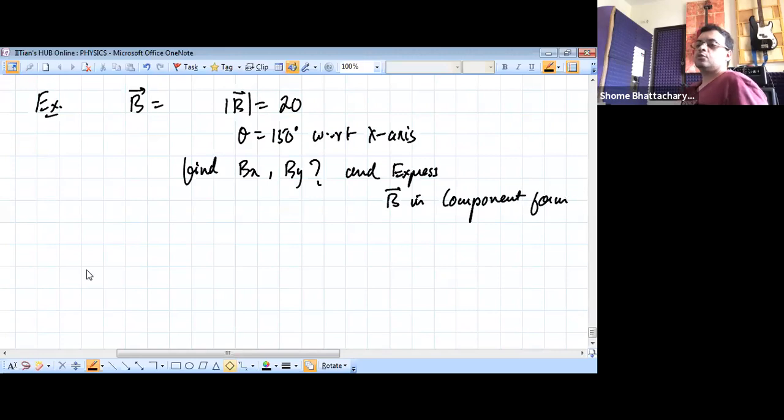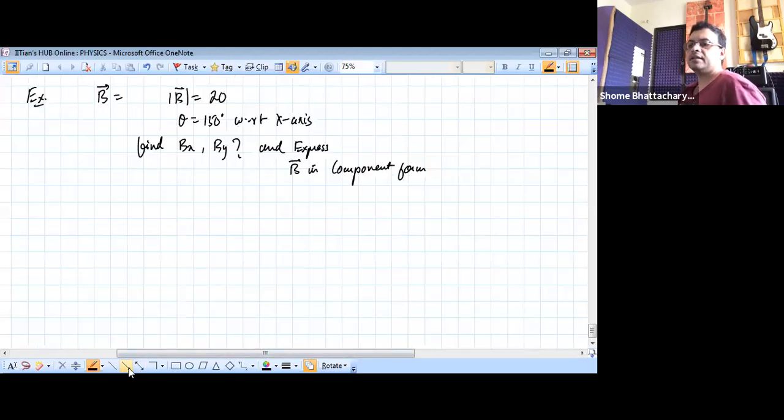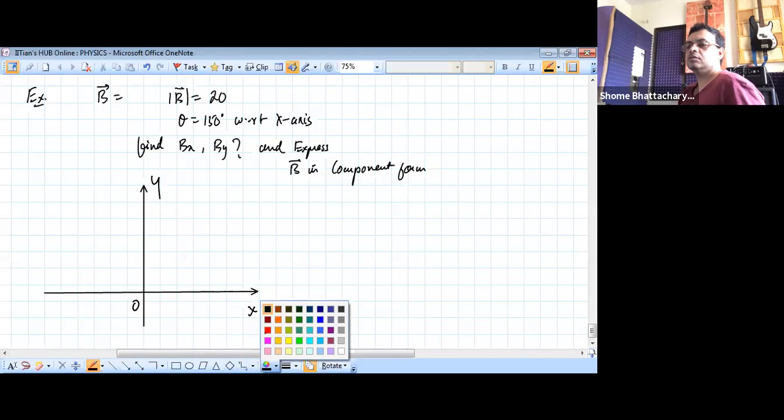Okay. So one way is I can understand this geometrically. I can first draw the vector. If I were to draw an xy plane, then in this diagram my vector b would have to be over here.